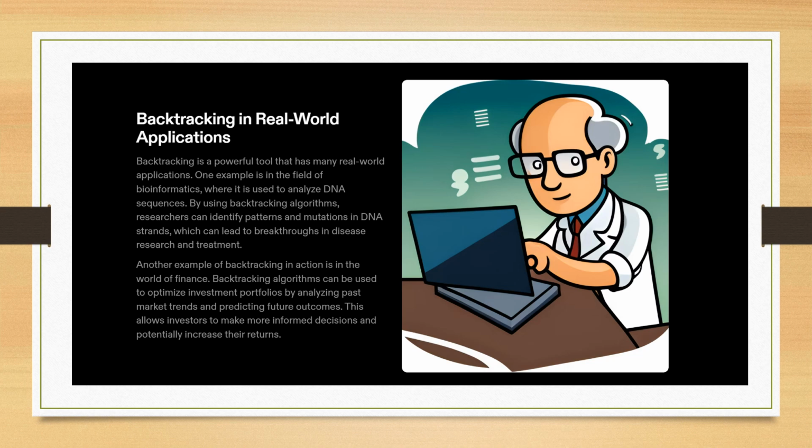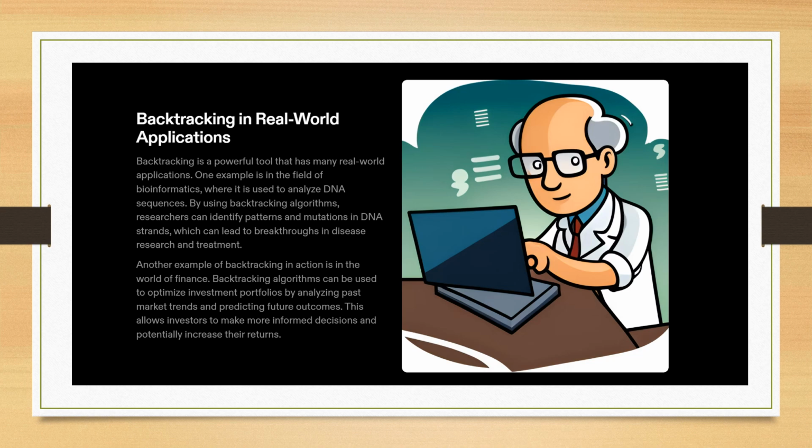Backtracking in real-world applications. Backtracking is a powerful tool that has many real-world applications. One example is in the field of bioinformatics, where it is used to analyze DNA sequences. By using backtracking algorithms, researchers can identify patterns and mutations in DNA strands, which can lead to breakthroughs in disease research and treatment.